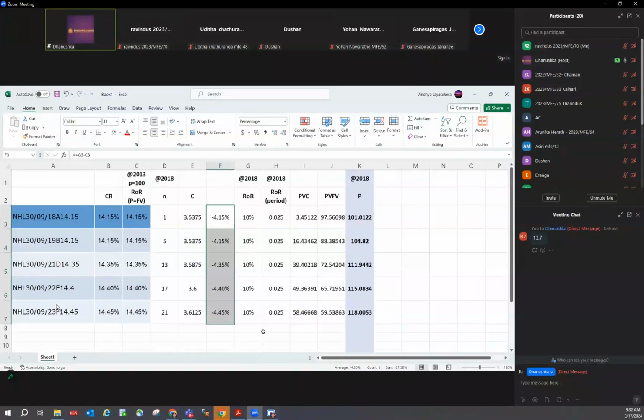So one of the things that you should see here is, when interest rates come down, bond prices go up. That's the first thing. It was originally 100. Today it is 101. Why has it gone from 100 to 101? Because interest rates have come down.